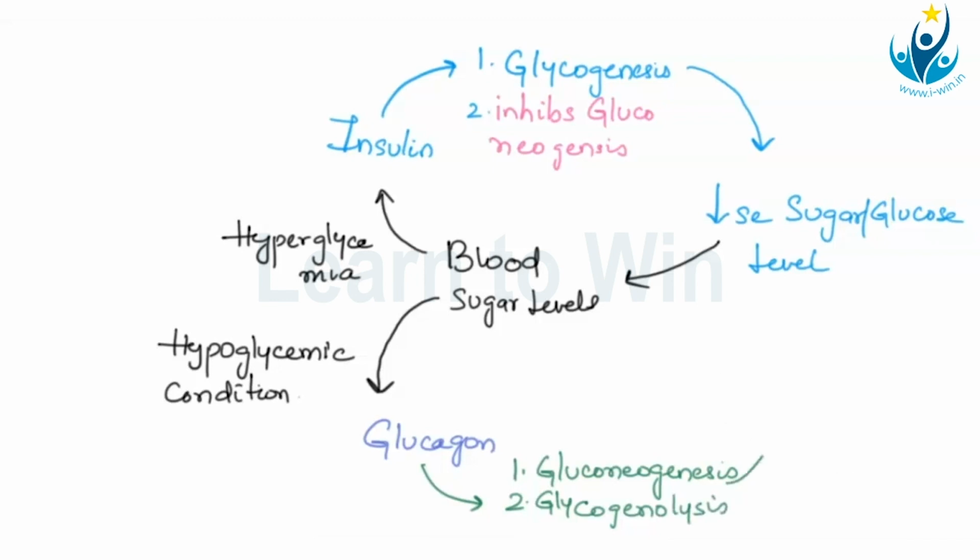Both cases will result in an increase of glucose levels in the blood and basically restore homeostasis. So that's why we say that insulin and glucagon are antagonistic in nature.